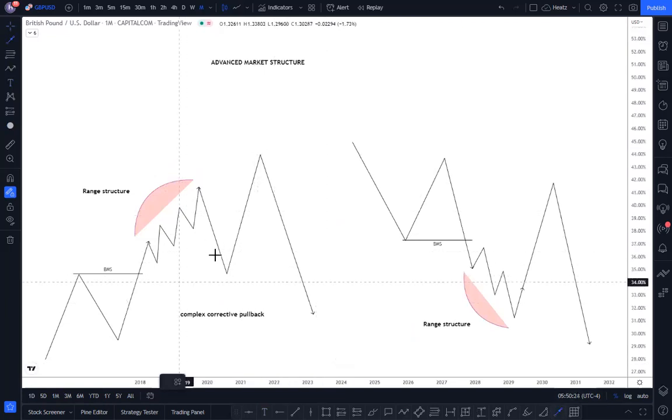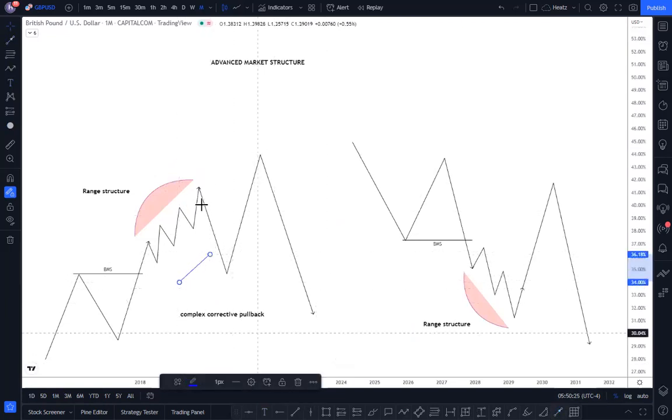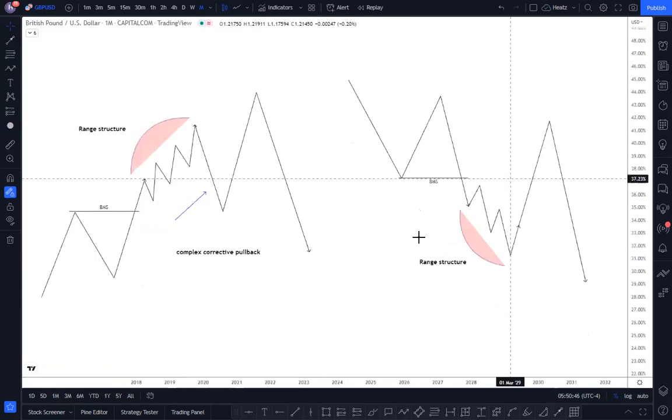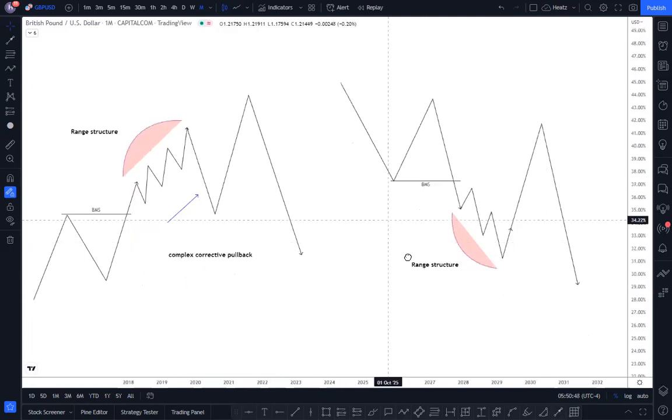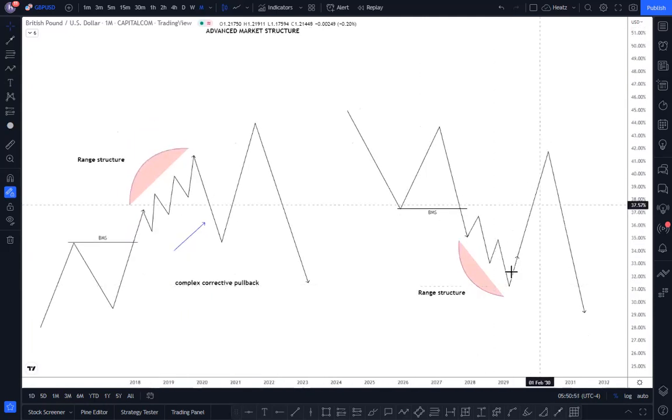Initially I said it comprises both a shallow and a very deep pullback into this range that was created here. This is a shallow corrective wave, and this is the deep corrective wave. Both of them create the complex corrective pullback. With this particular one, this is just a deep pullback. So this is not a complex corrective wave, it's just a deep pullback.